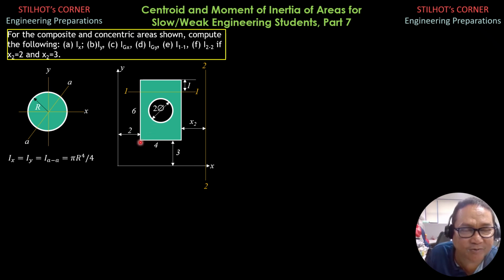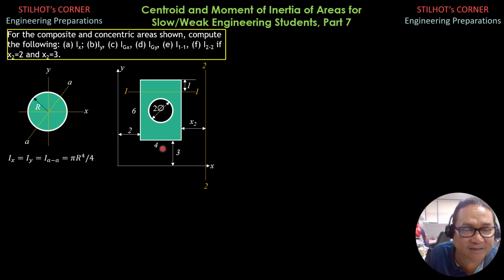So for Ix, we simply transfer each formula. You may use the technique I presented before, especially on part 1 for the longer way, but this time I use the shorter way. We transfer immediately the moment of inertia of this rectangle with respect to the centroid, then we subtract the transferred moment of inertia of this circle with respect to the centroid to this x-axis here.